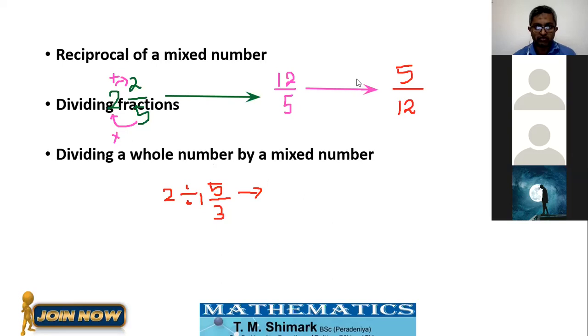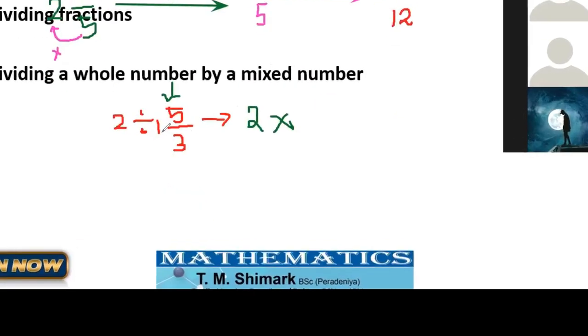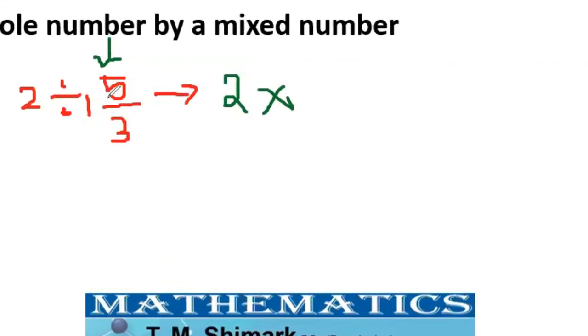Before changing, you had to change the mixed number. First change that: 3 into 1 is 3, plus 5 is 8 by 3, right? 8 by 3 you take, and then only you can do the division.